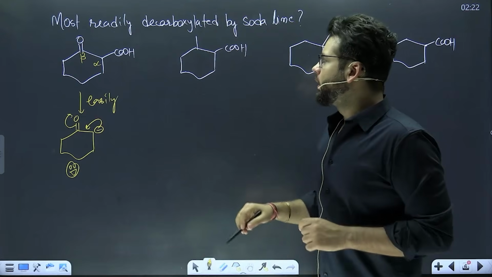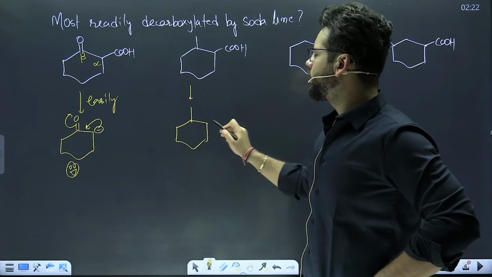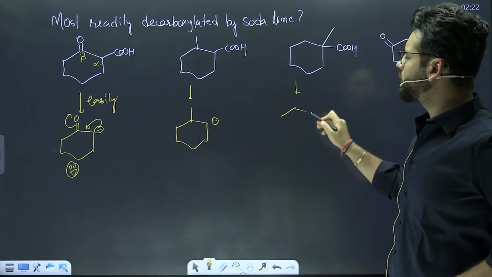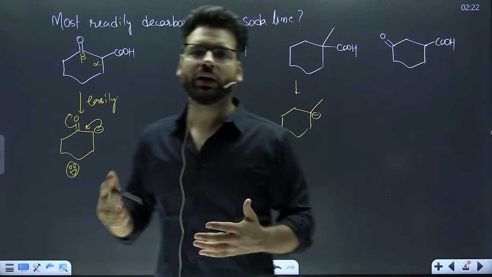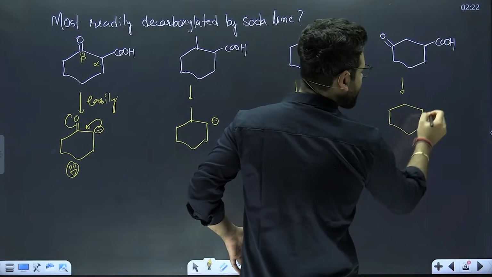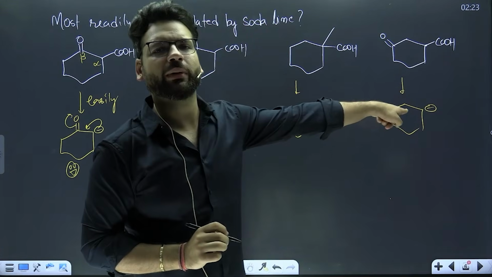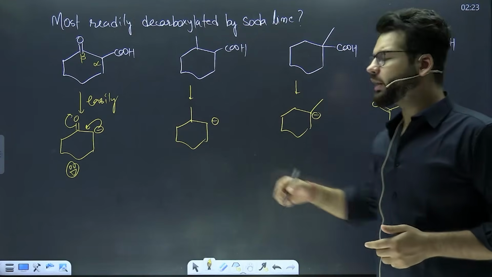In the next one, the carbanion formed is nothing special. There is no resonance here. Next one also nothing special, but it's a very poor carbanion. It's a tertiary carbanion, and as we know, tertiary carbanions are highly unstable. This carbanion also is nothing special. There is no resonance, but still there is some stability coming by minus I. So I think it's clear to you. First one will be most readily decarboxylated.